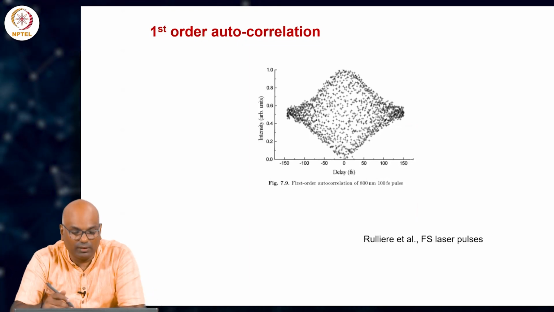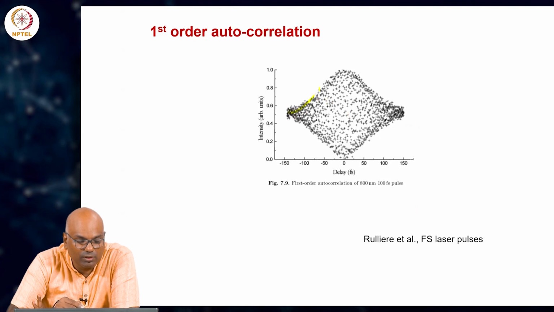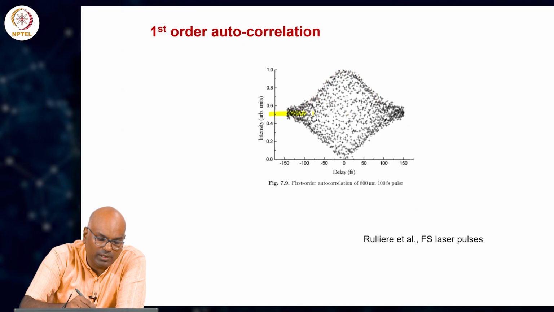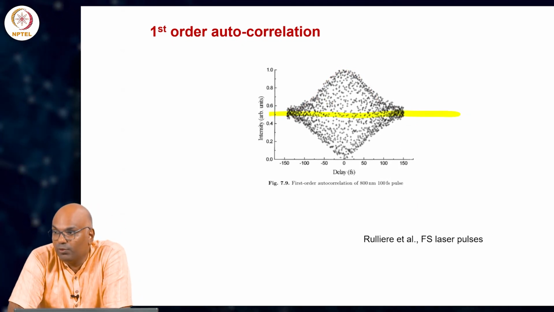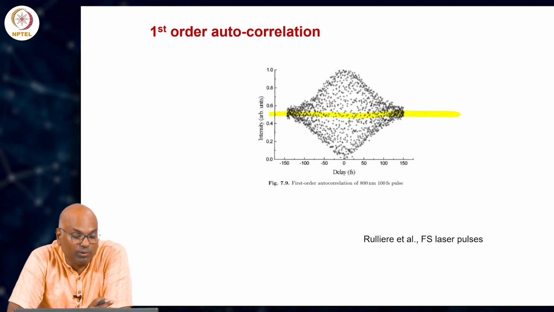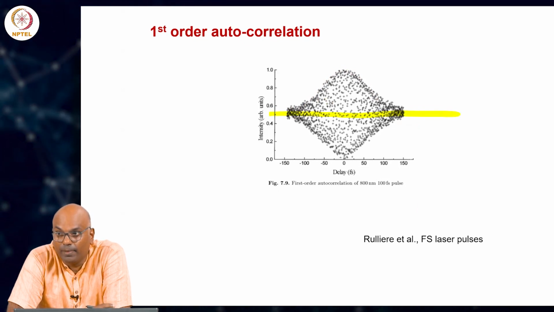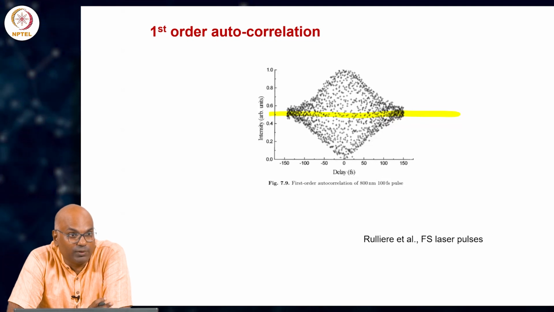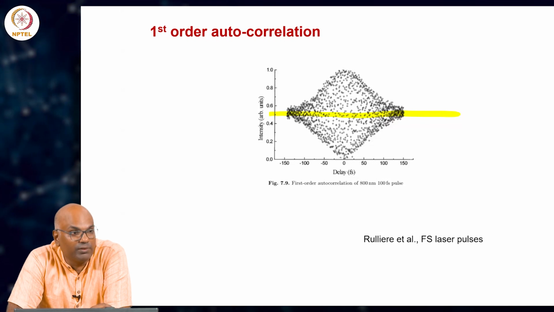But first, a first order autocorrelation signal typically looks sort of like this. It has an envelope, the entire thing riding on a DC, which is the integral over the absolute value square of E of t, what we earlier called the signal from arm 1, plus likewise the pulse from arm 2.